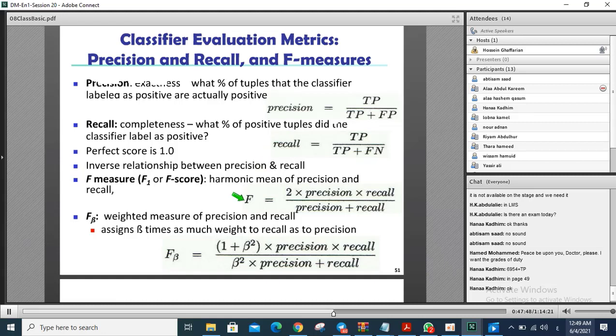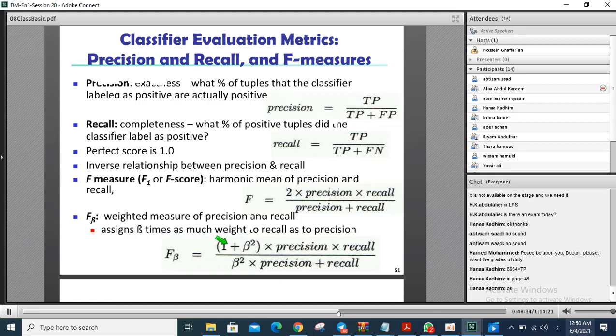Also, we can combine precision and recall together to create a new measure, for example, the F measure or F1 measure. The F measure is a harmonic mean of precision and recall. You can see the equation for the F score here: 2 times precision times recall divided by precision plus recall.